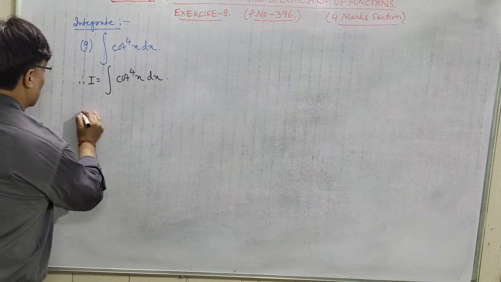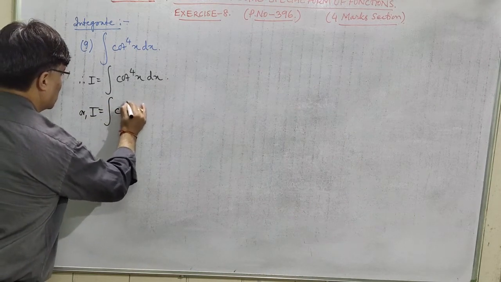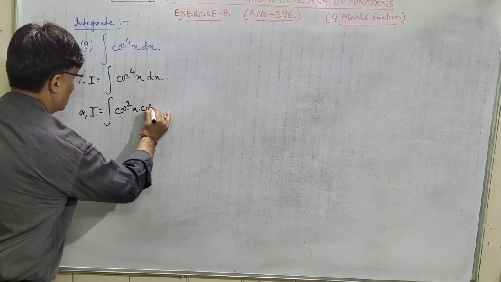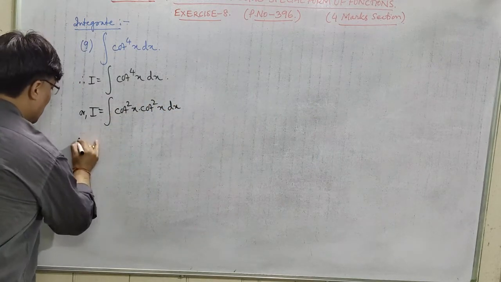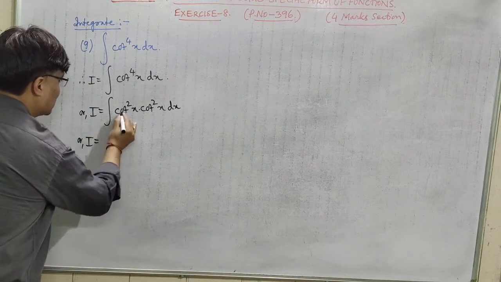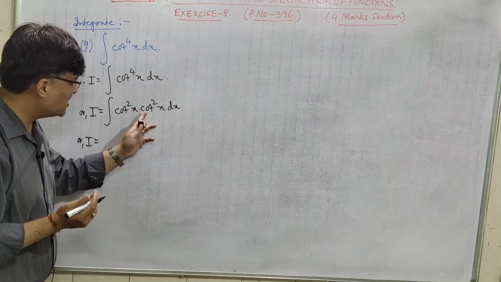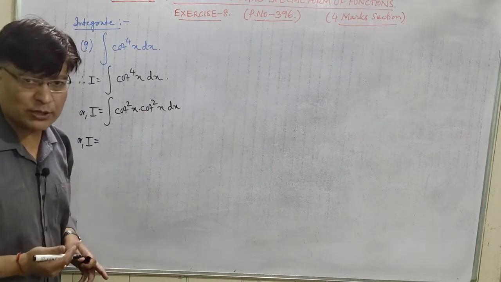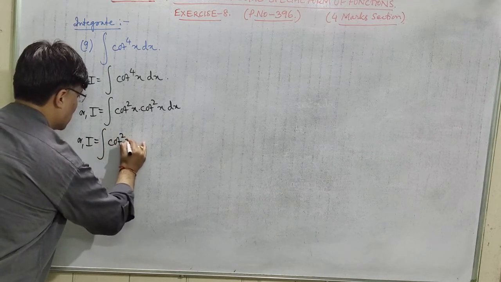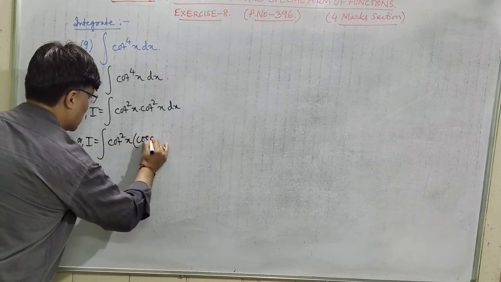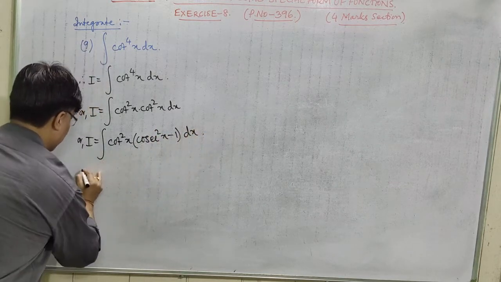So I is equal to integration of cot square x into cot square x dx. Let us convert this second cot square x in terms of cosec square x. So integration of cot square x into cosec square x minus 1, bracket close, dx.